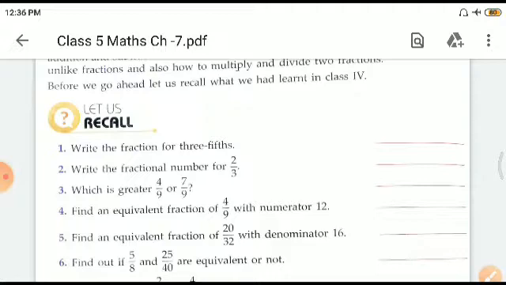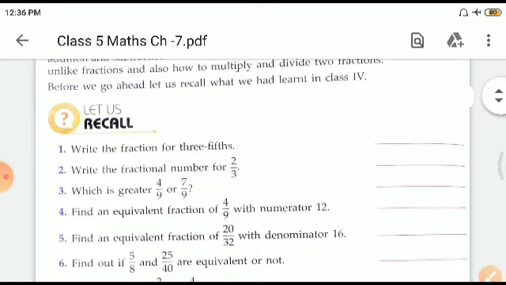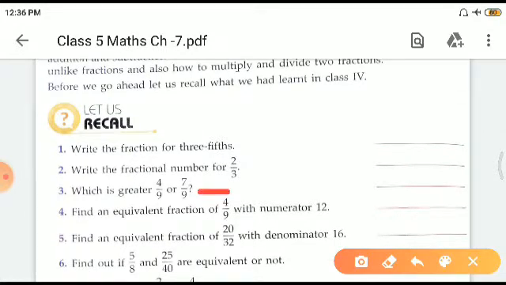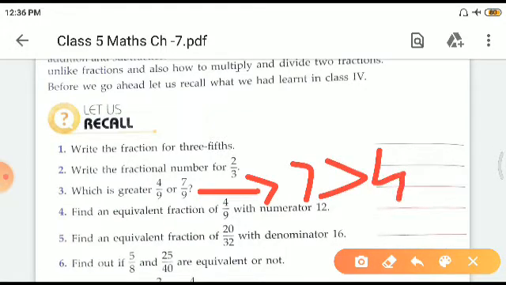Now the third one, which is greater, 4 upon 9 or 7 upon 9? Now you all know that 7 is always greater than 4, right? So if 7 is greater than 4, then 7 upon 9 will always be greater than 4 upon 9, right?